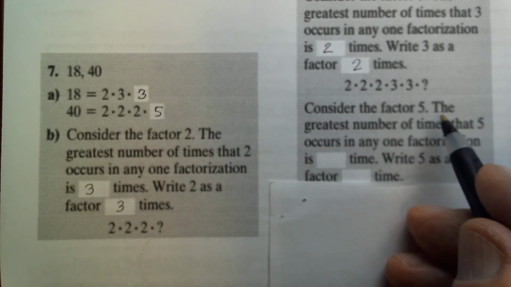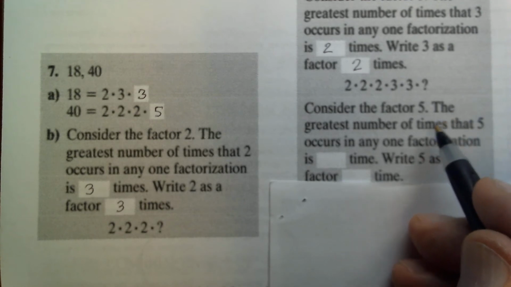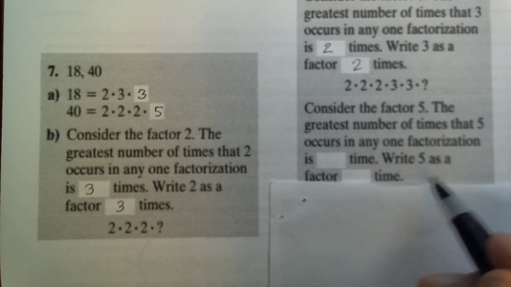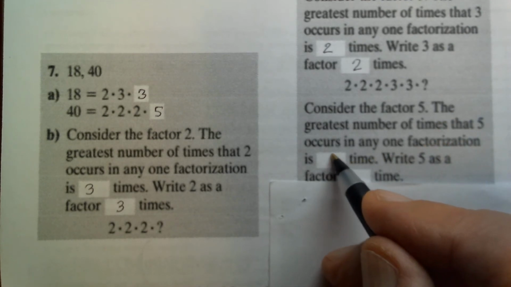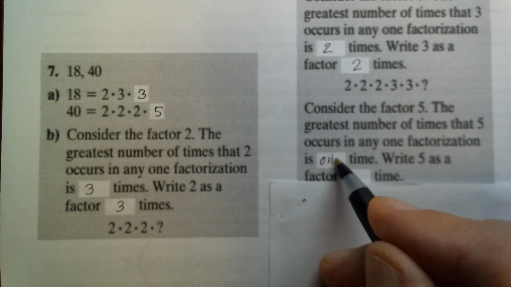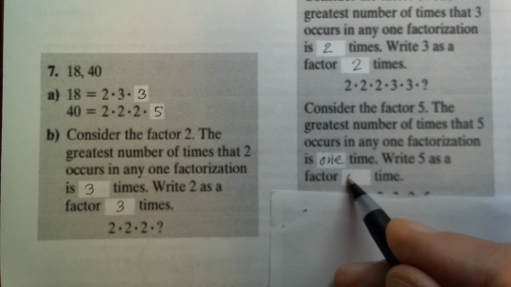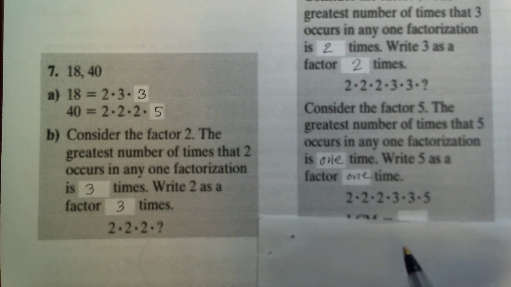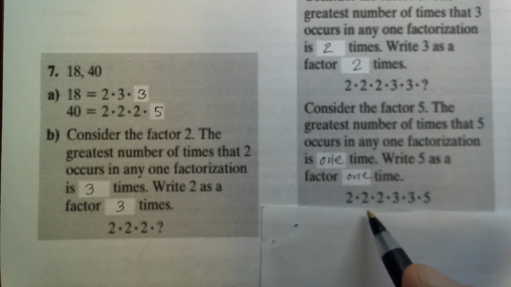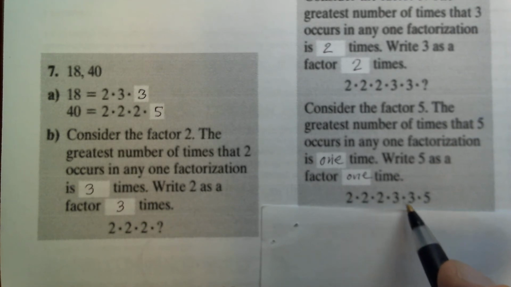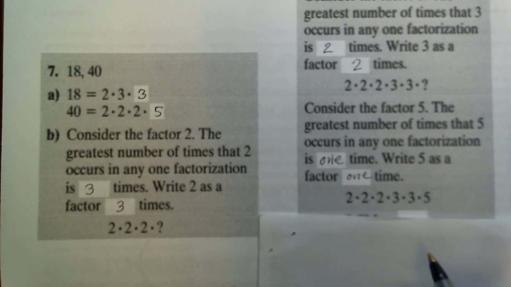Consider the factor 5. The greatest number of times that 5 occurs in any one factorization is 1 time. You should write it out 1 time. Write 5 as a factor 1 time. So then it is 2 times 2 times 2 times 3 times 3 times 5.